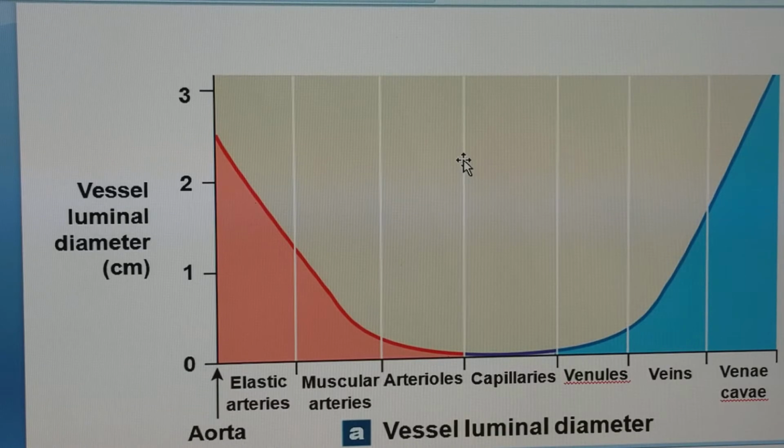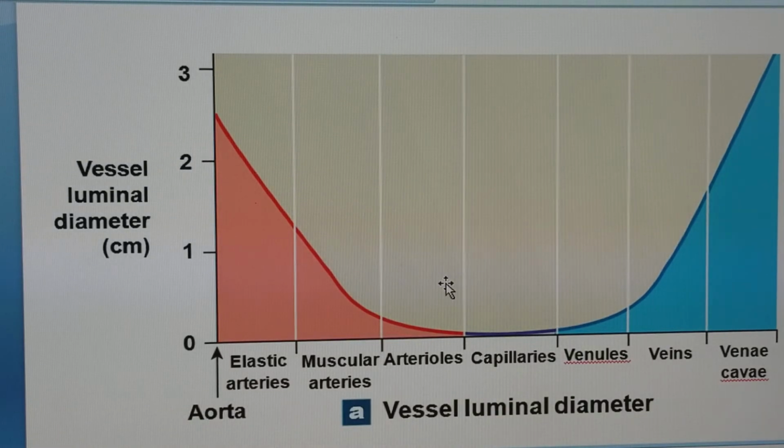Okay, what this chart is showing us is vessel luminal diameter. It's showing us the elastic arteries having the largest diameter, and as we move through the system from the aorta to the large arteries to the medium arteries, which are muscular arteries, to the arterioles, the lumen size decreases until we get to the capillaries.